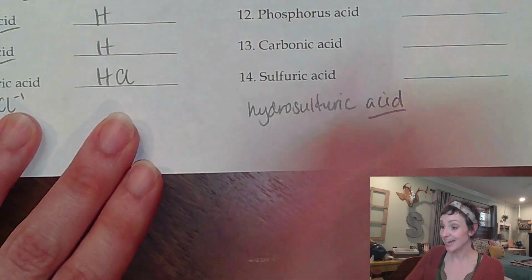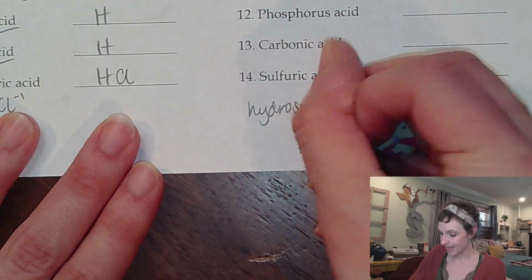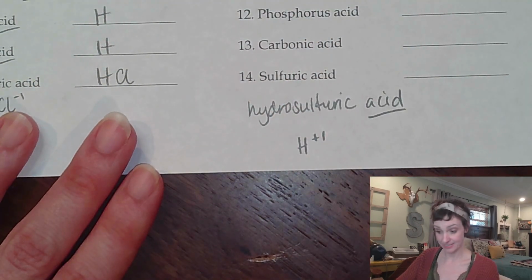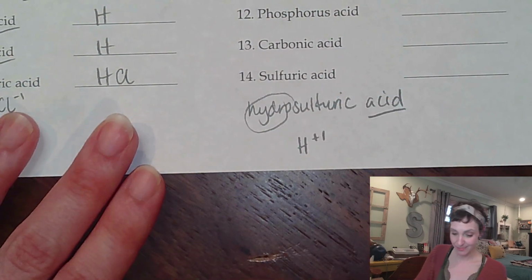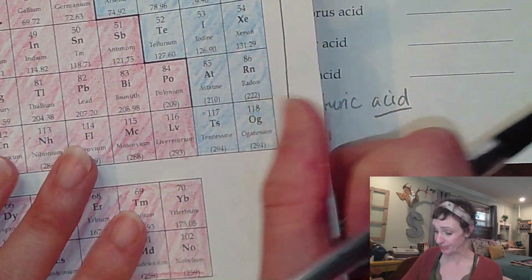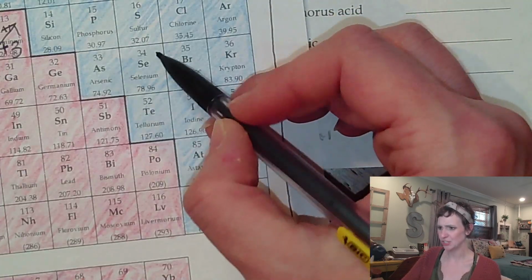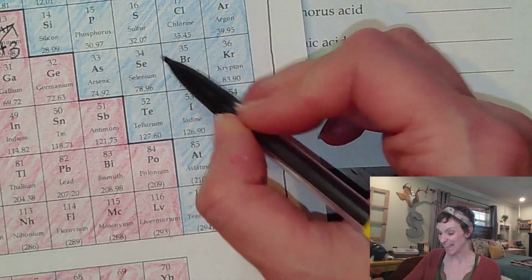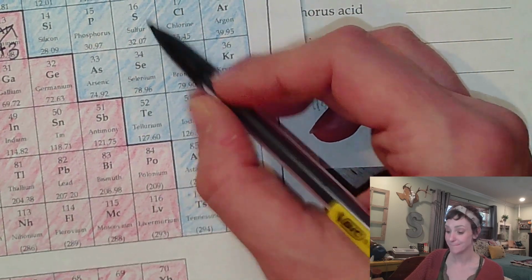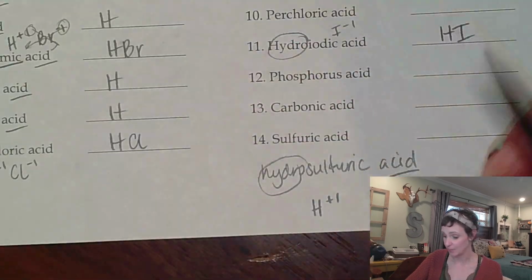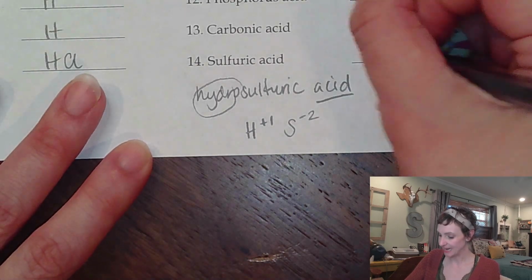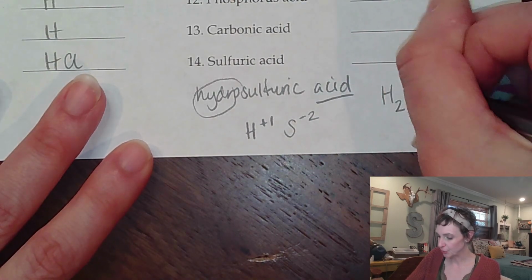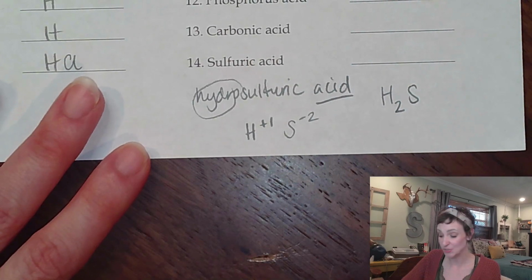Acid means hydrogen, so I'm going to have H+ crisscrossing with somebody else, right? It starts with hydro, so it's not a polyatomic ion, or at least not a polyatomic ion with oxygen. It is sulfur. But in this one, sulfur has a -2 oxidation number, right? So that would actually be H2S. So that would be hydrosulfuric acid.